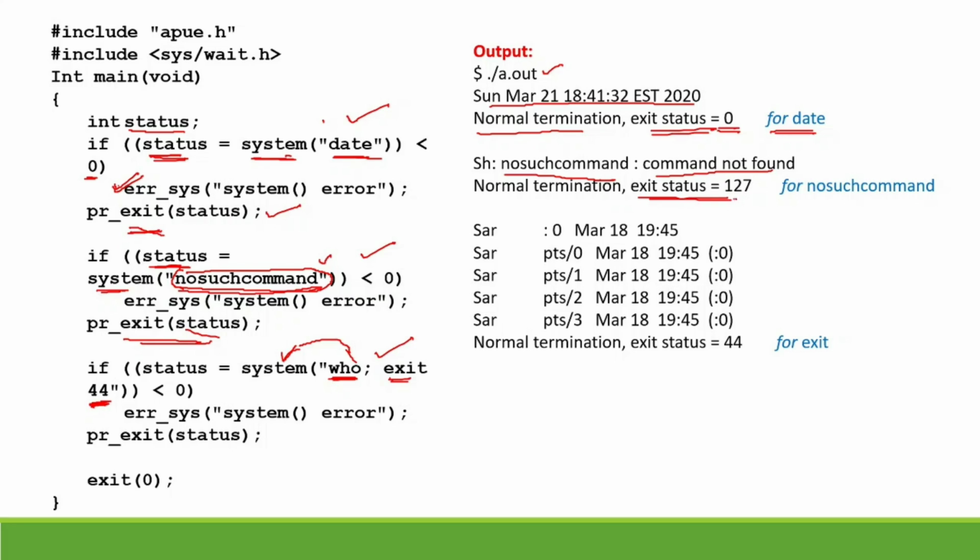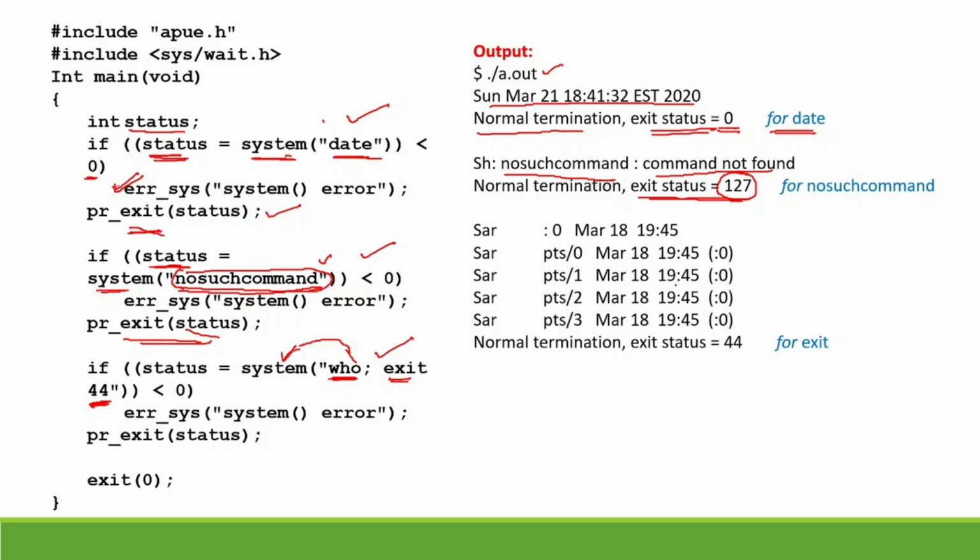So we exit using this value 127, which is nothing but the exit status of the shell if the execl function fails.